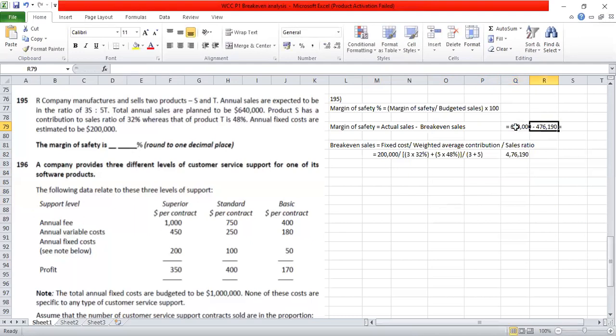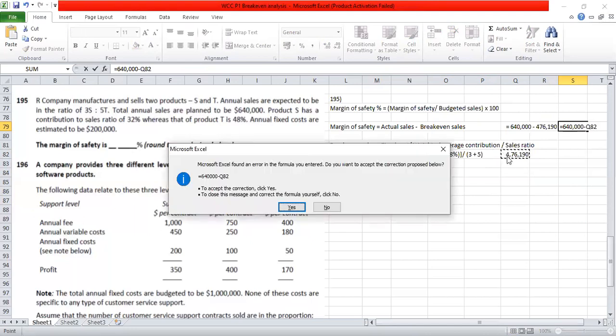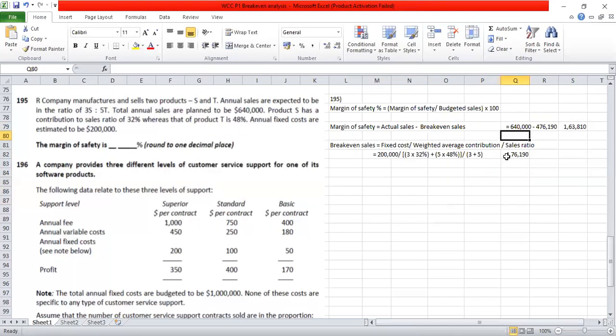So that is 163,810. I pasted all of them together. The next question is starting in the next line.